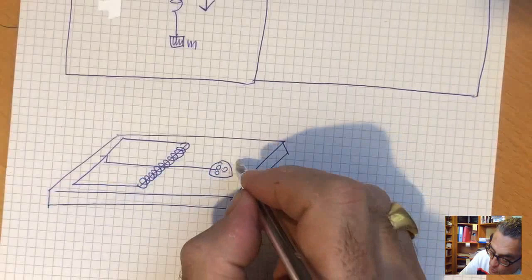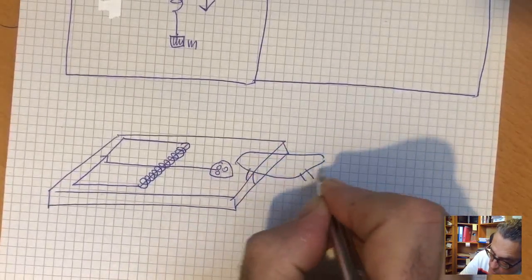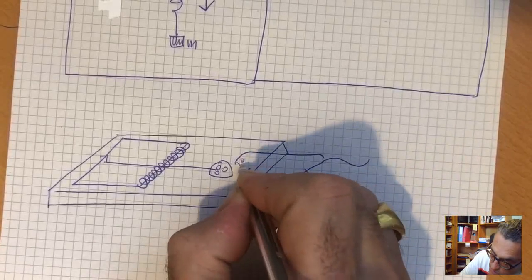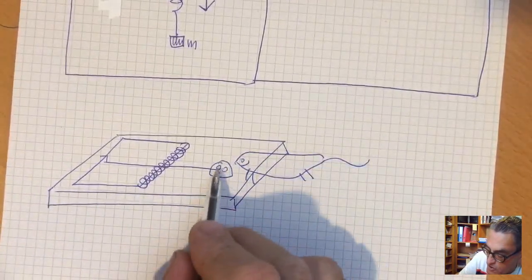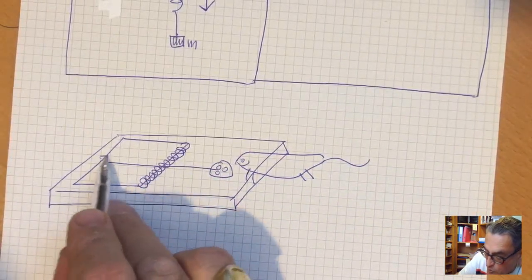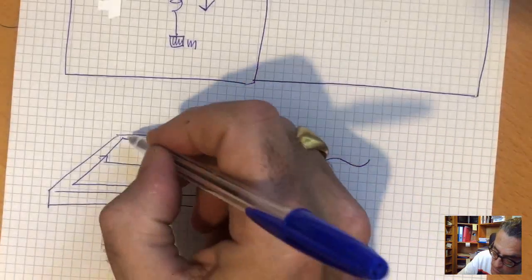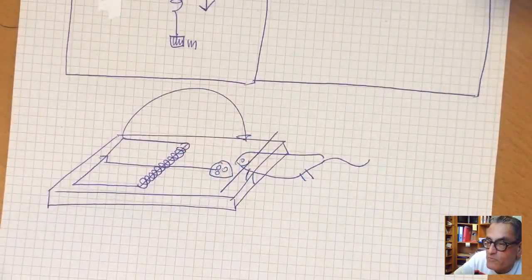When the mouse comes and wants to eat the cheese, she's going to move this. This hook is going to no longer hold the frame, and it will close and trap the mouse.